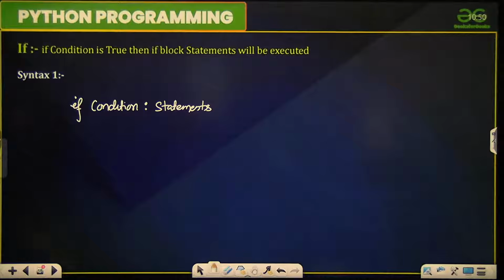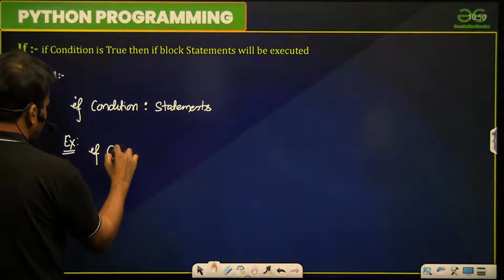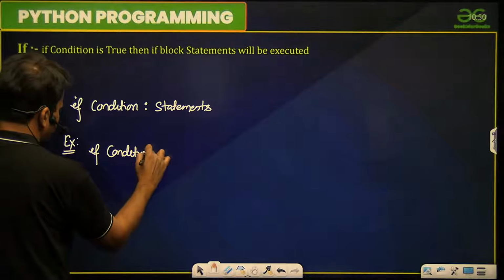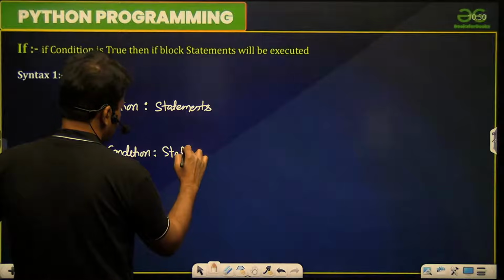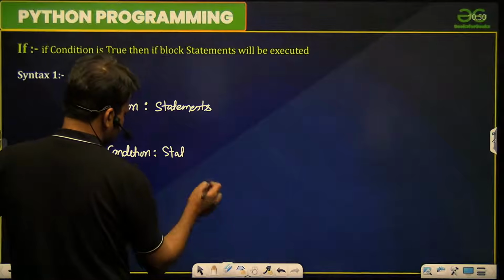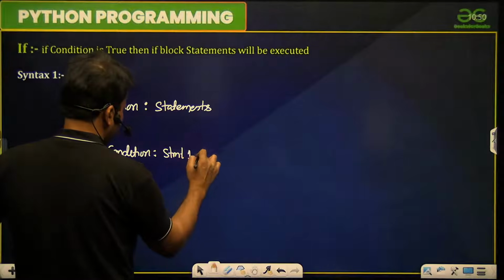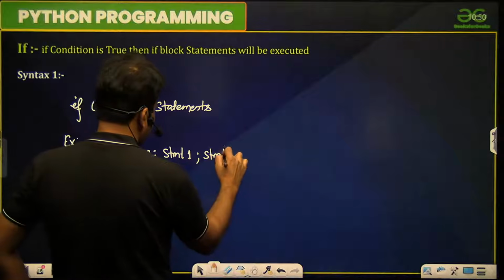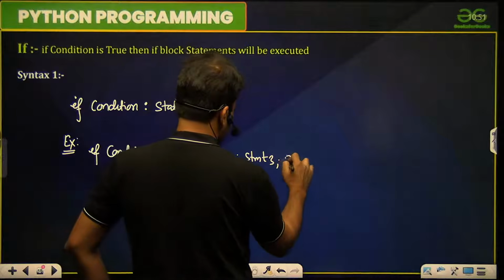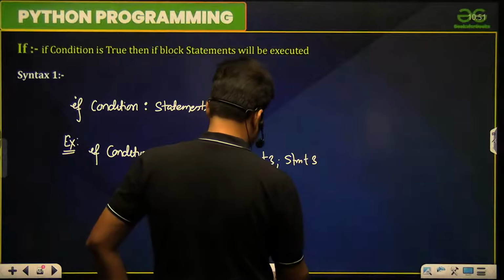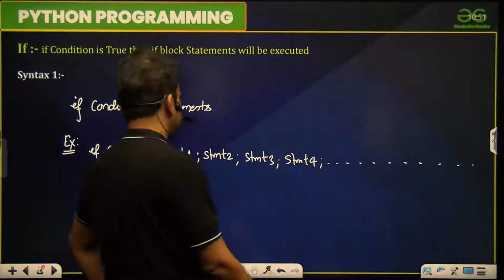For example, statement one semicolon, statement two semicolon, like this.